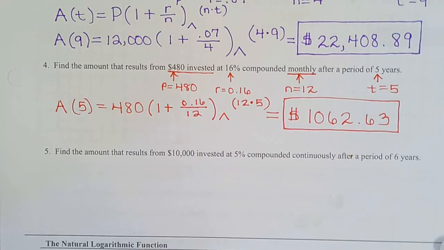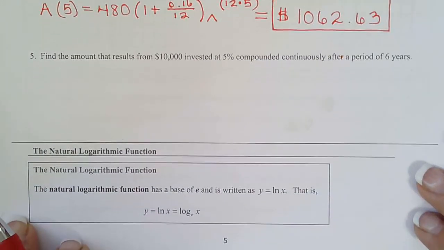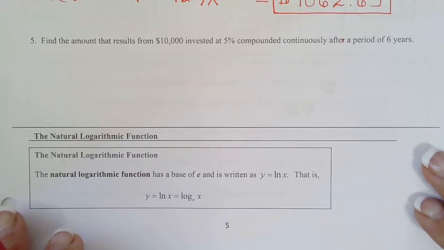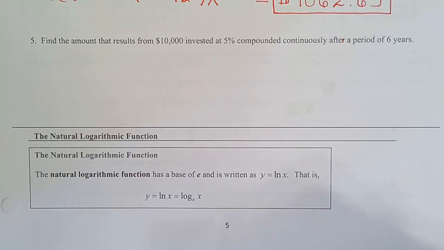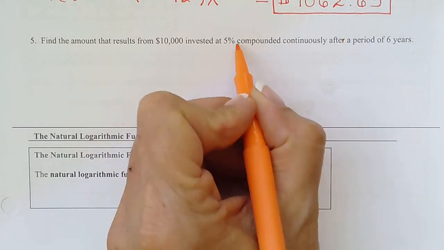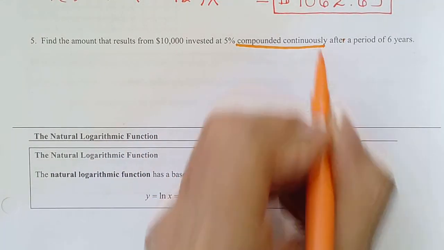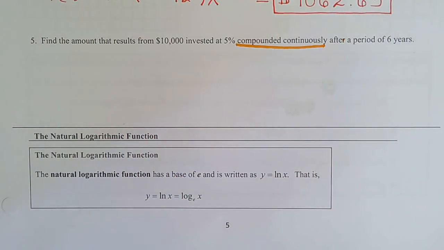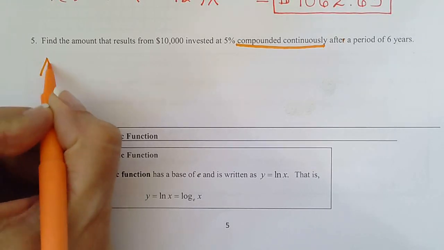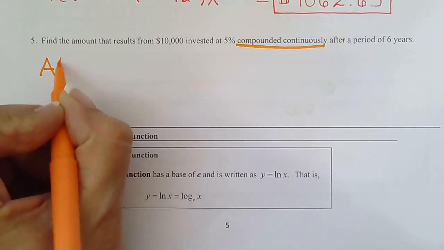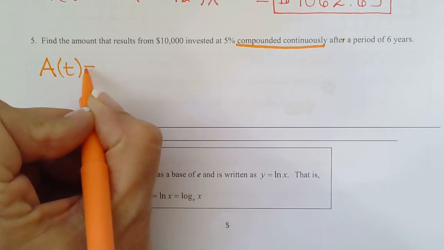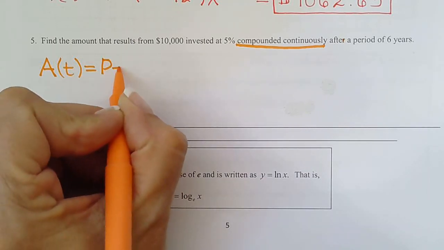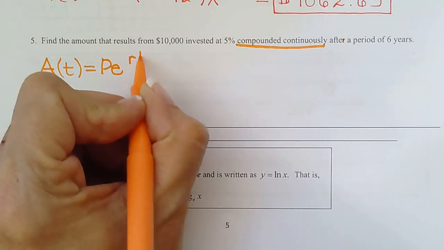Okay, the next one hopefully will draw your attention here. What's different about this one? Compounded continuously. So that means use the PERT formula from above. So amount after T years is equal to PERT, P-E, and then my exponents RT.